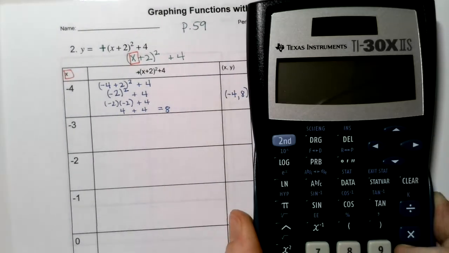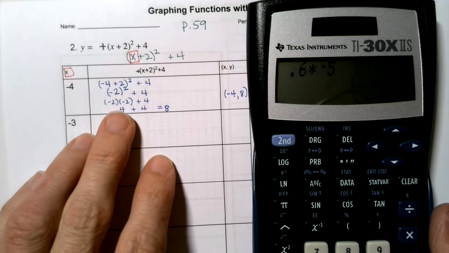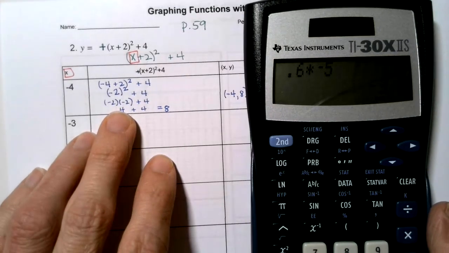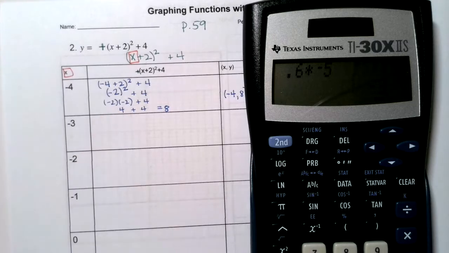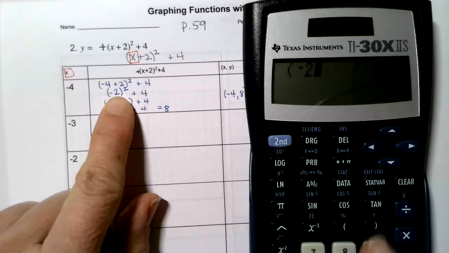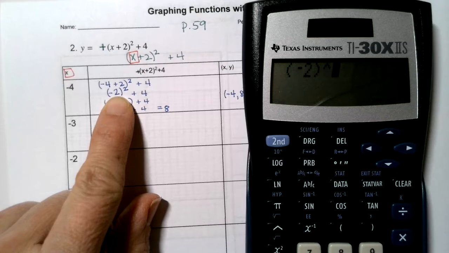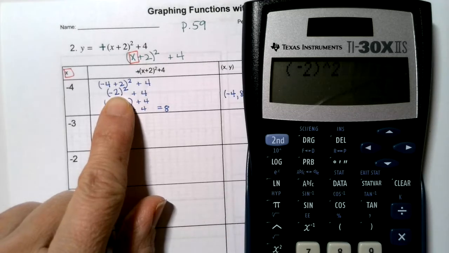I want to make a note to be careful when you're plugging this into a calculator, because when you plug in negative 2 and square it, which the little caret button right here can be the square, I like to use parentheses to make sure. So I could put in negative 2 squared, or the caret and then 2, and that's going to give me 4.